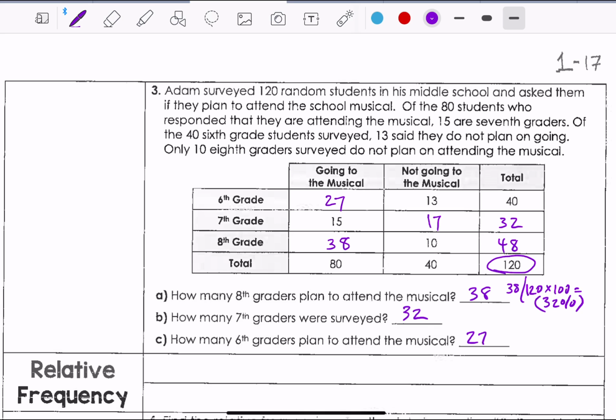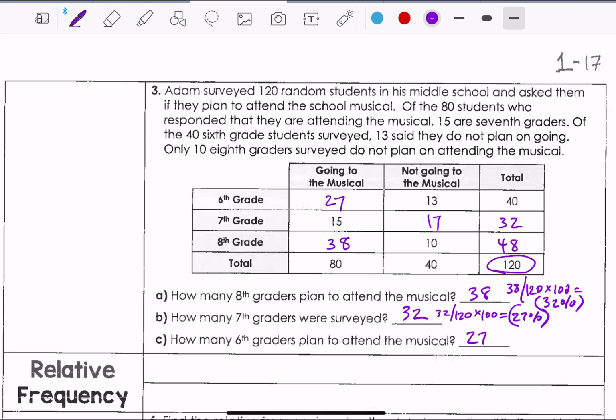For this one, 32 out of how many total students? 120. And then I multiply that by 100. I'm going to get 32 divided by 120 times 100. It's 26.66. I'm going to say that's about 27%. So 27% are 7th graders.